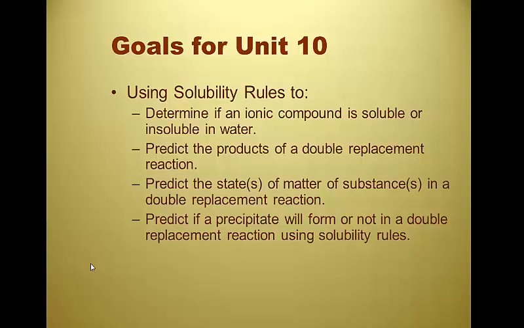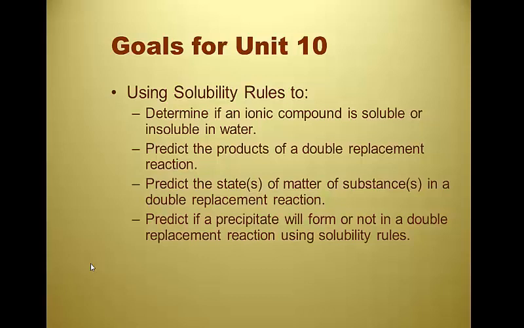You are going to predict the products of a double replacement reaction, because that's what this entire unit does. You've already been taught how to recognize double replacement reactions, and how to predict the products of a double replacement reaction.